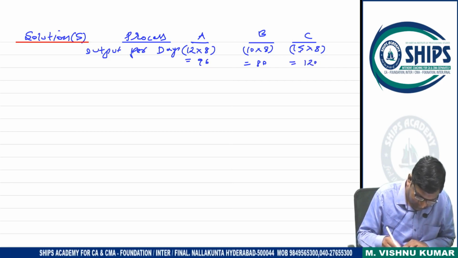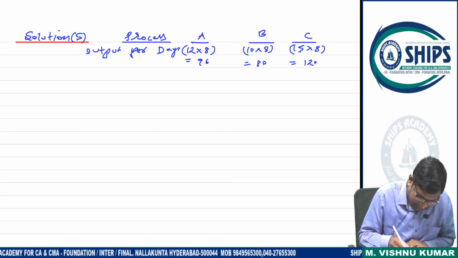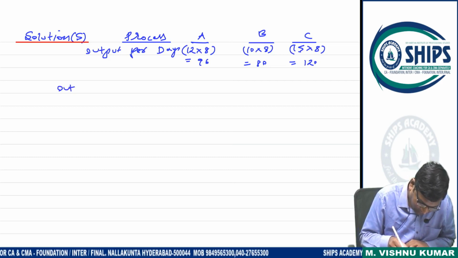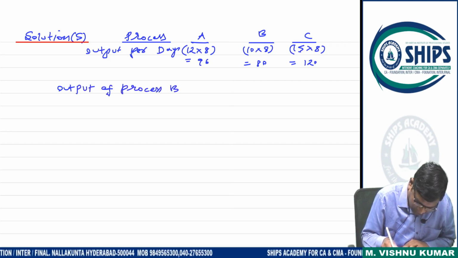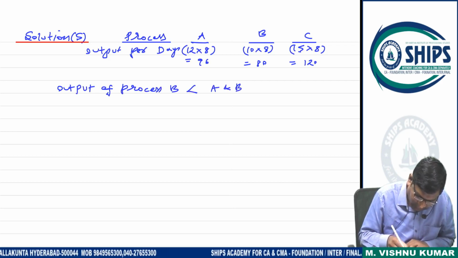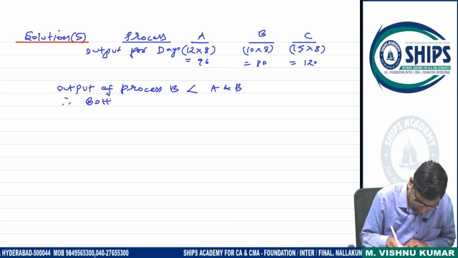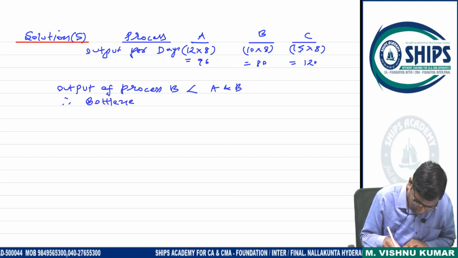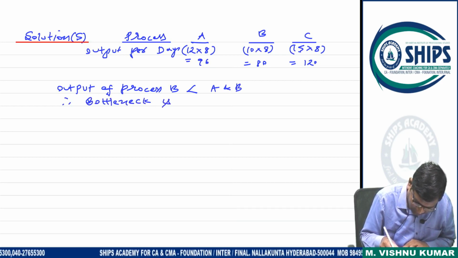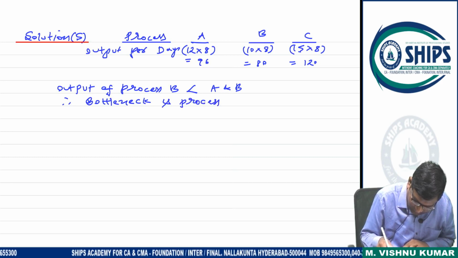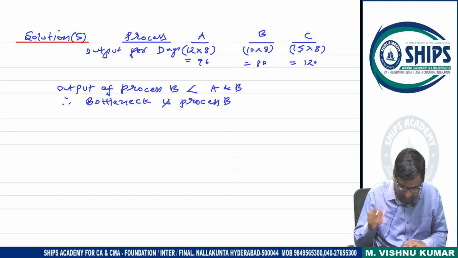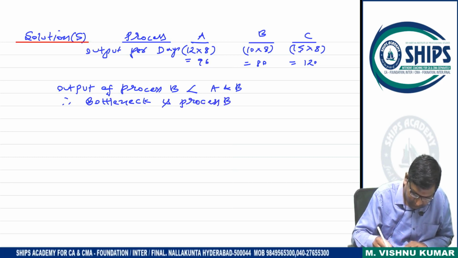Now the output of process B is less than A and C. Therefore the bottleneck is process B. Clear?